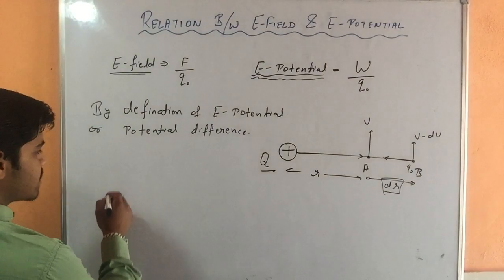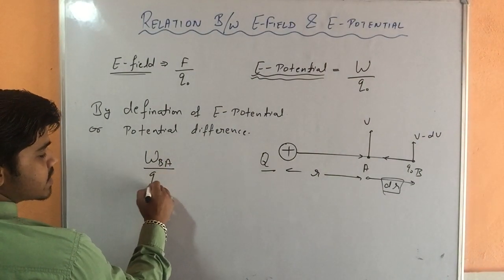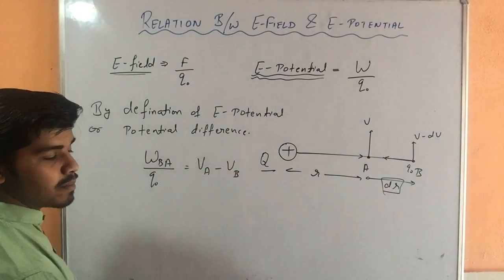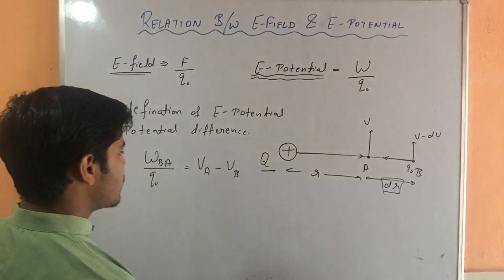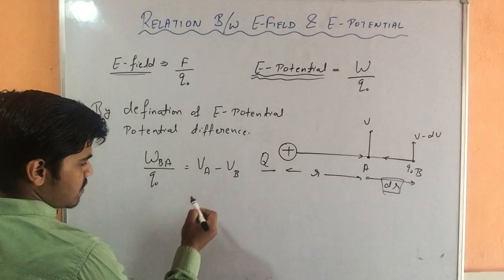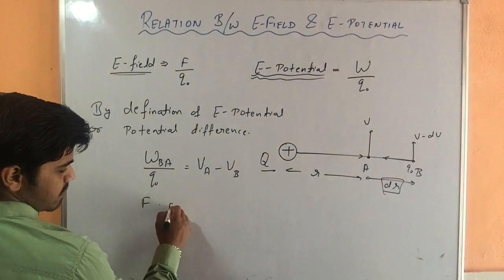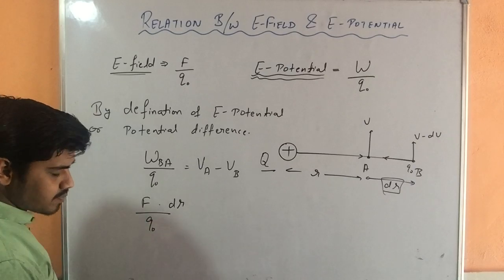Work done from B to A divided by the test charge is equal to VA minus VB, because A is the nearer point. So what is work done? F dot displacement, where displacement is dr, divided by test charge.